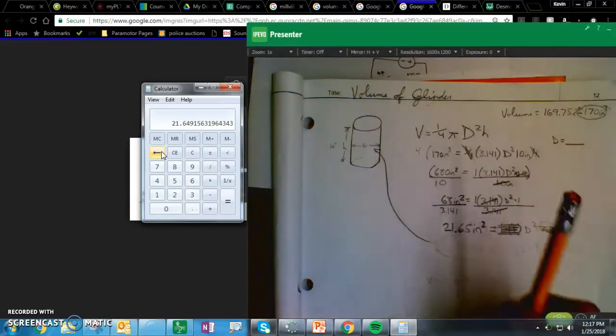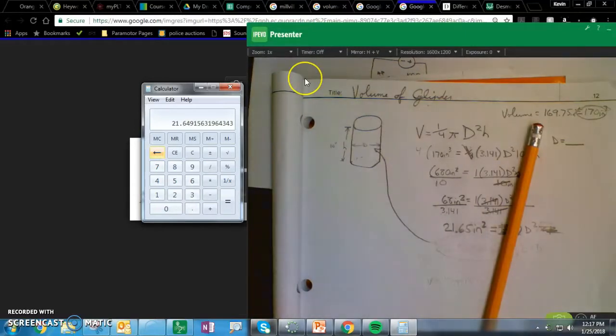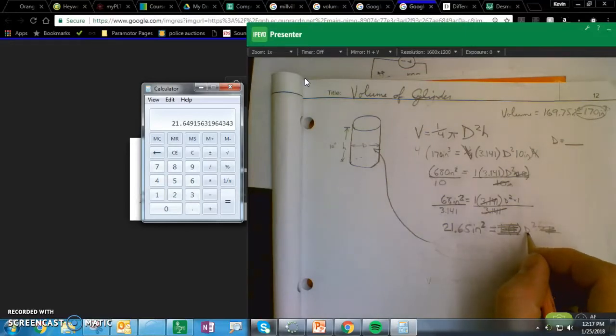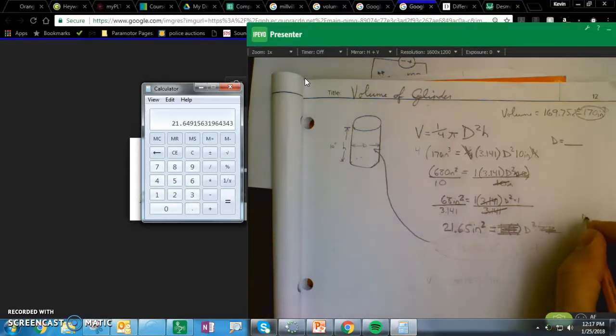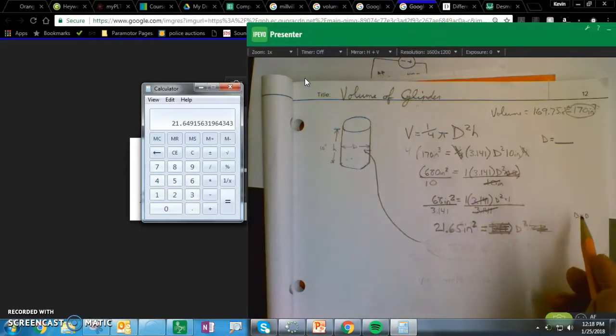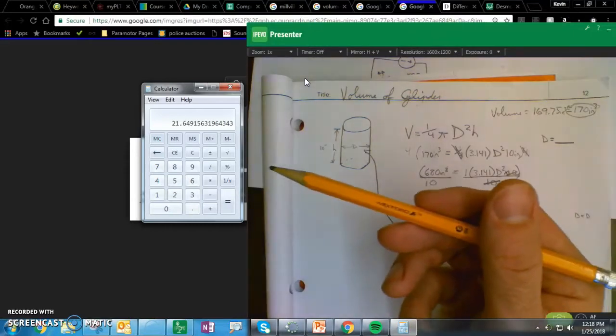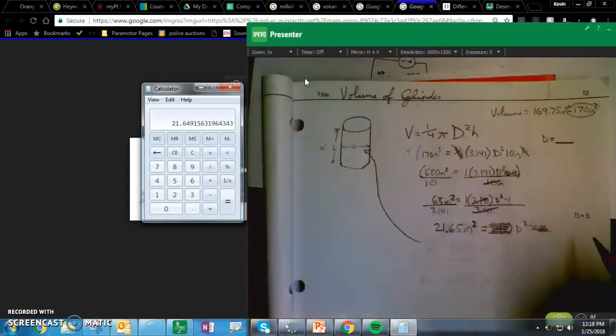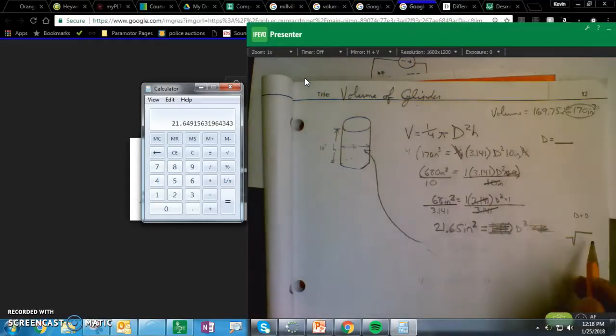For this point, we're going to have to do what's called the square root of something. Square root basically just means you're taking the number and you're going to multiply it by itself as many times as this exponent shows you. So this would be the same as d times d. Okay? So what you do on the calculator to find the square root of this number, you're going to look for this symbol.